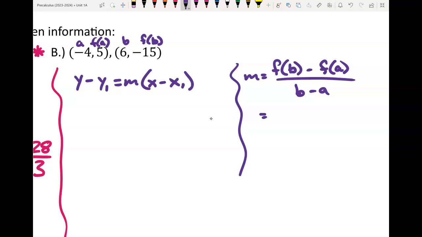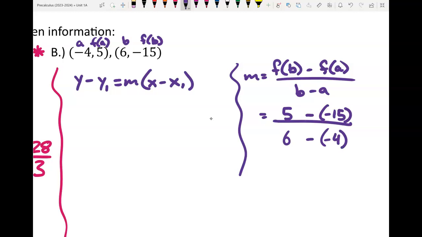All right, Daniela, what would I have in the numerator for that slope? 5 minus negative 15 over 6 minus. Okay. One thing I want us to look at.